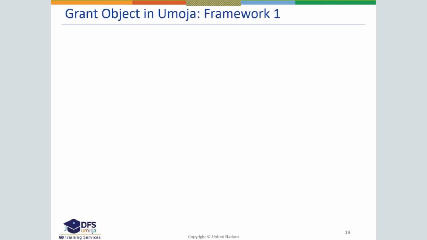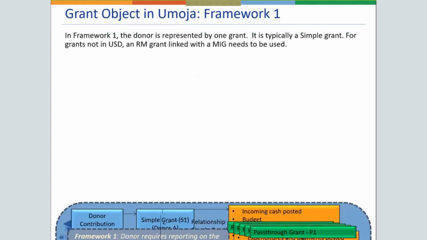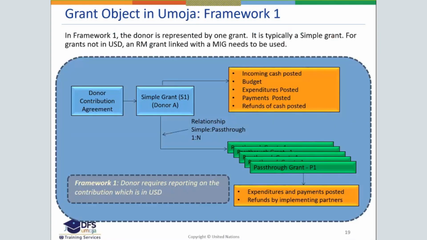So I think we have seen mainly the master data that we are going to use, and now you will probably have heard about Framework 1 and Framework 2. I will just mention it very quickly. Framework 1 is the way of implementing an agreement in which the donor is represented by one grant.